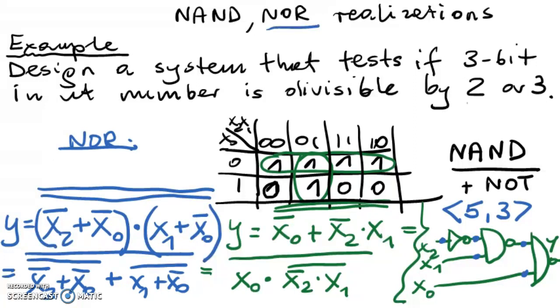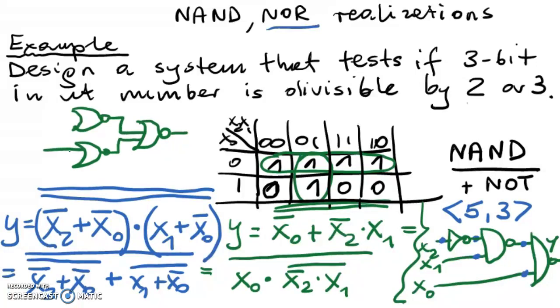I will draw the diagram in green. Okay, for NORs, you've got something like this. You've got the output NOR, and two previous ones. Each one has two inputs. And you've got also NOTs, because you need x2 and not x0.